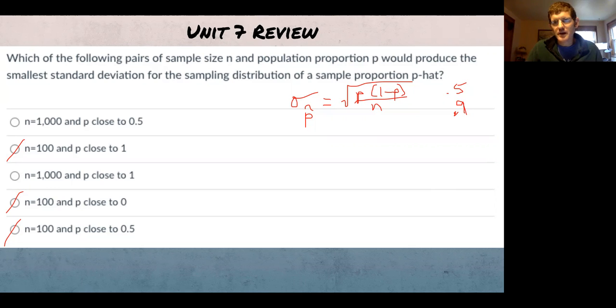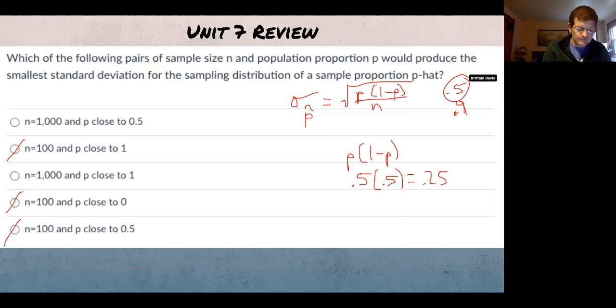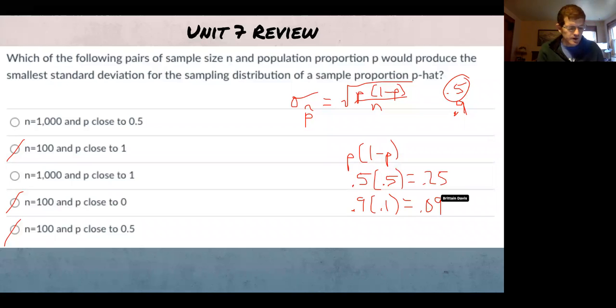So I can just compare those two, and I'm just going to worry about the numerator part. p times 1 minus p when it's 0.5 gives me 0.25. So if it was 0.5, I would have 0.25 in the numerator. Now, if it was 0.9, it'd be 0.9 times 0.1, which is 0.09. So it seems the closer I get to 1, the smaller our numerator is.